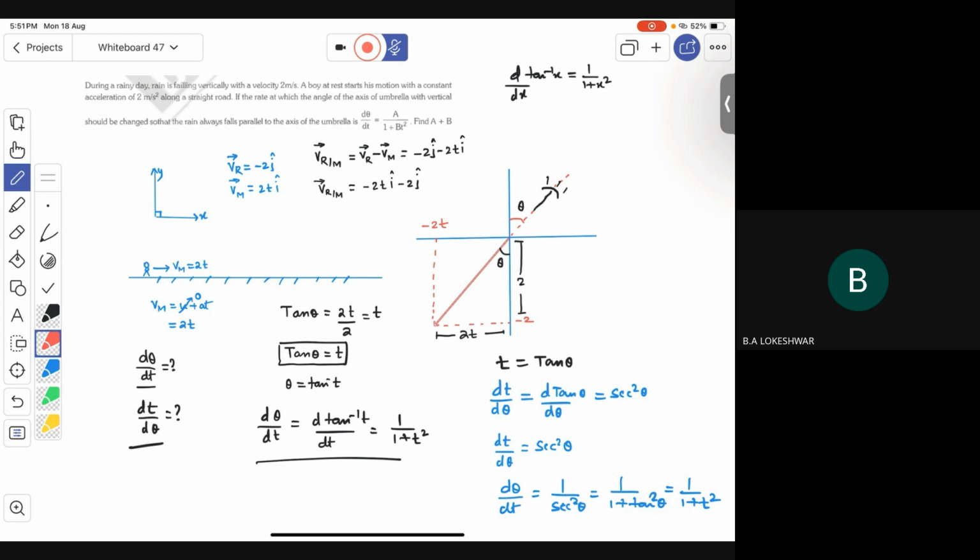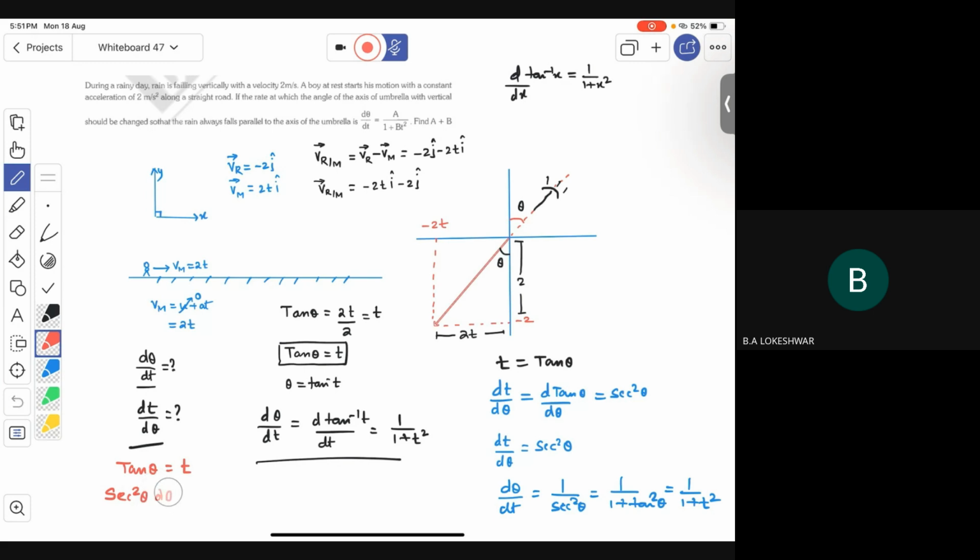I told you about the implicit method of differentiation. So here I have the equation tan theta equals t. You differentiate every term depending upon what kind of term it is. Like tan theta is a function of theta, so we differentiate it with respect to theta, which gives us secant square theta. Then we multiply it with d theta.